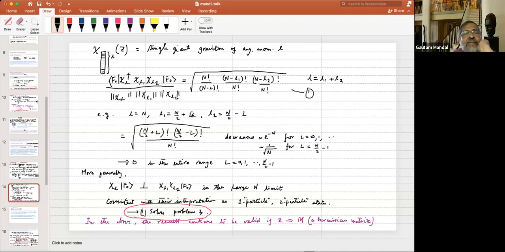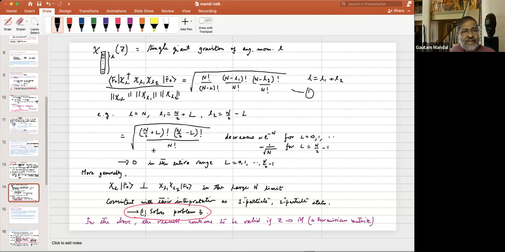You'll find that if capital L is equal to 0, then it's n by 2 factorial, n by 2 factorial divided by n factorial. That goes as exponential e to the power minus n. That's easy to check. And in the other limit, in which L is n by 2 minus 1, that is to say n1 becomes n minus 1 and L2 becomes 1, it also decreases as a power law, 1 upon square root of n.